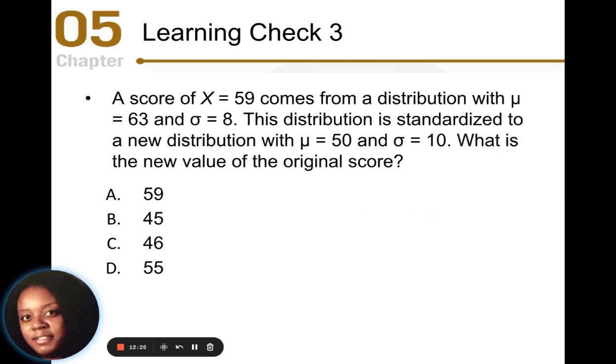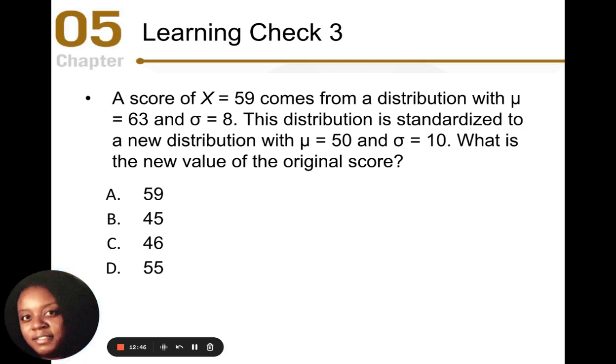So for our third learning check, if we've got x equaling 59, which comes from a distribution with a mean of 63 and a standard deviation of 8, this distribution is standardized to a new distribution with a mean of 50 and a standard deviation of 10.